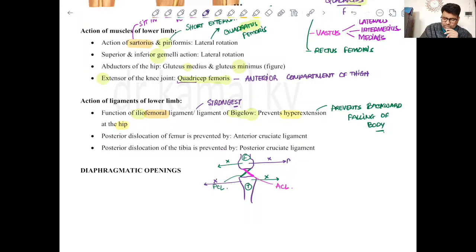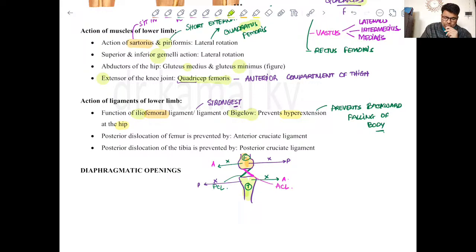So this is all PCL, and this one is the function of ACL. Clear? So in other terms, these two cruciate ligaments make sure that there is no movement of femur and tibia in AP direction with respect to each other.